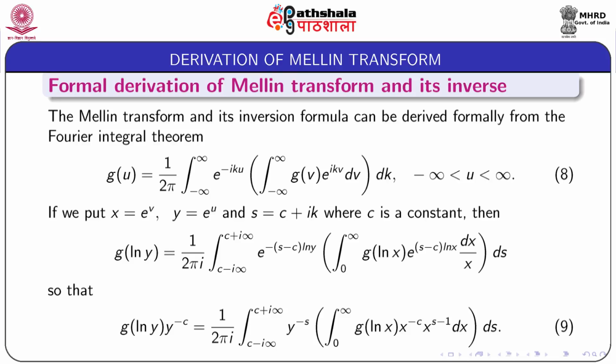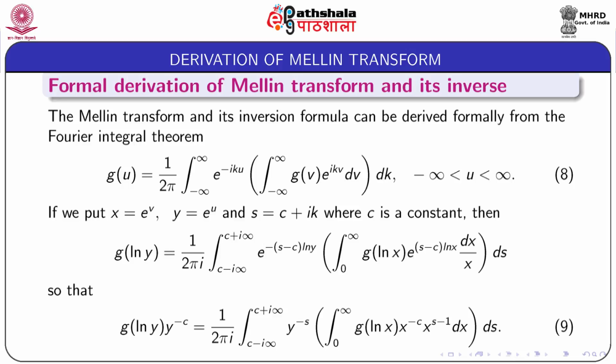Then u is log y, so that equation 8 can be written as g(log y) equal to 1 by 2 pi i integral from c minus i infinity to c plus i infinity e to the power minus (s minus c) log y integral 0 to infinity g(log x) e to the power (s minus c) log x dx by x ds.